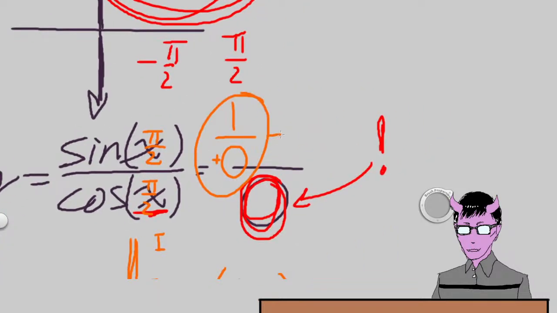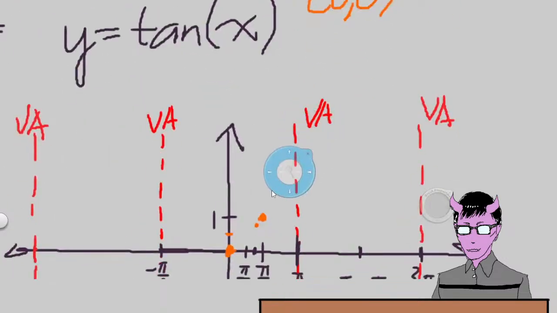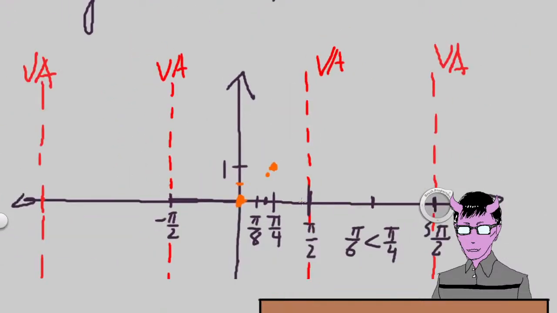If you recall our discussions from the rational functions, this is going to explode into positive infinity. So if we plug in something very close to pi over 2, it takes us to an explosively high value up here. So, arrow upwards to signify the limit approach.